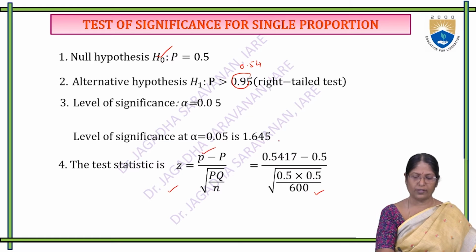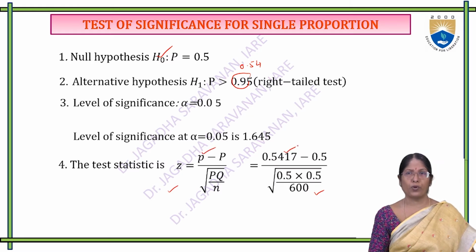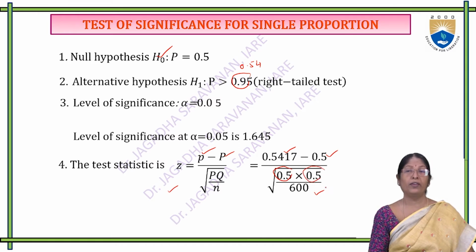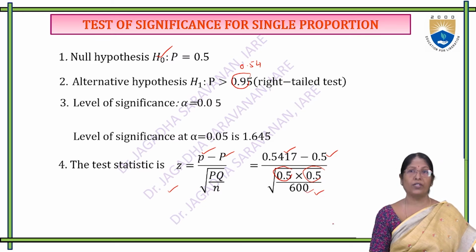Here the sample proportion is 0.5417, capital P is 0.5, and capital Q is also 0.5, because 1 minus capital P is nothing but 0.5. We selected 600 men as the sample size.